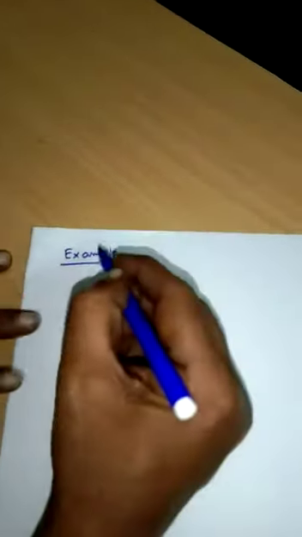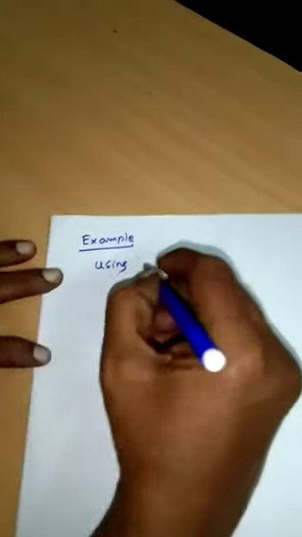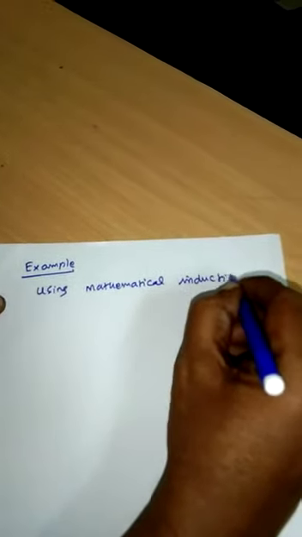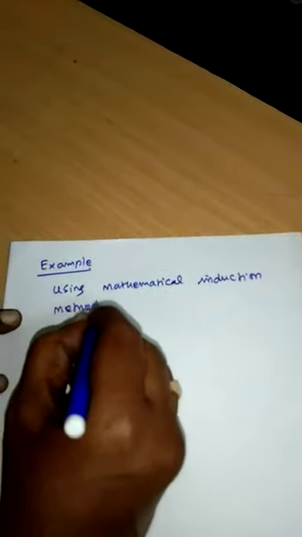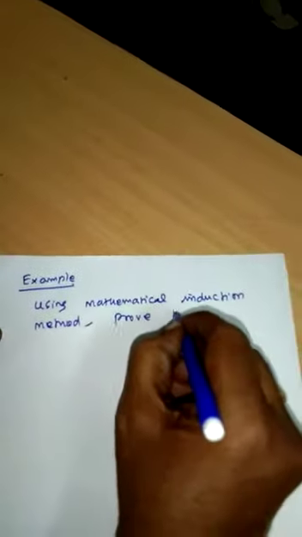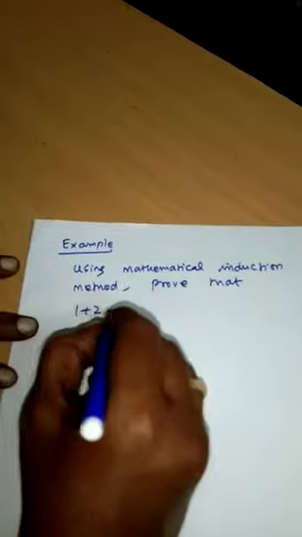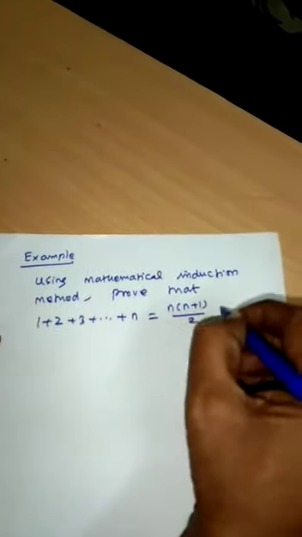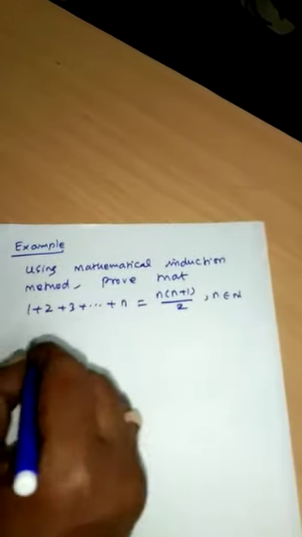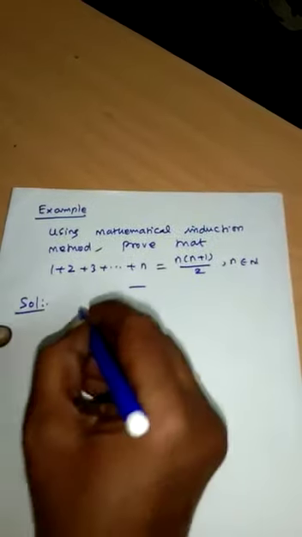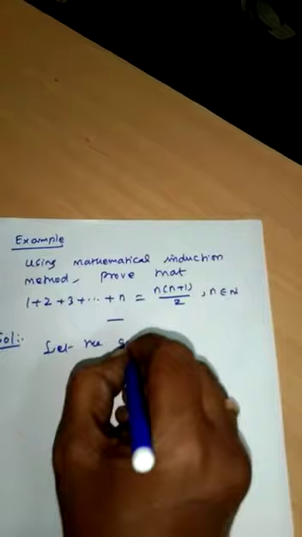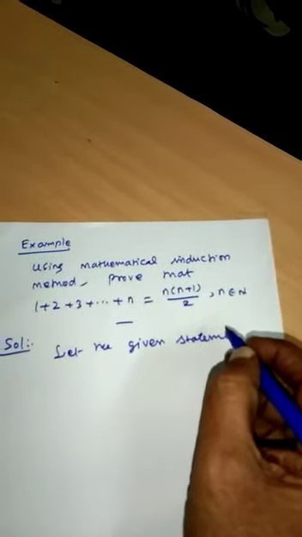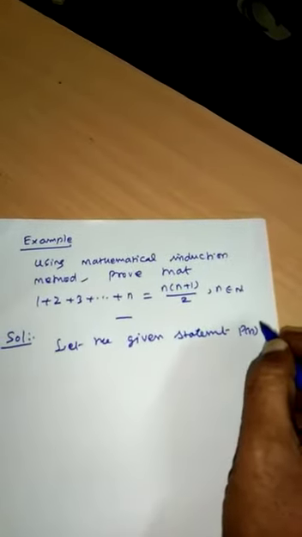Example: using the mathematical induction method, prove that 1 plus 2 plus 3 plus dash dash dash plus n is equal to n into n plus 1 by 2, n is an element of capital N. Solution: let the given statement be Pn.